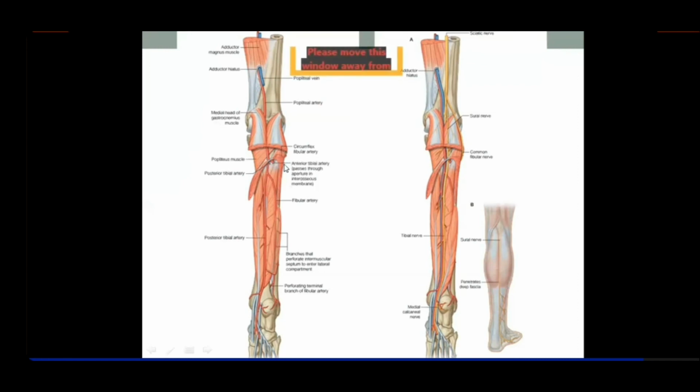Anterior will go in the anterior compartment, while what they have shown is the posterior compartment of the leg. So here you are seeing this posterior tibial artery, and it's giving its lateral branch called the fibular artery. Remember, this artery, fibular artery, also called peroneal artery, will perforate the interosseous membrane at the lower one third or the lower one fourth of the interosseous membrane and will reach into the front of leg.